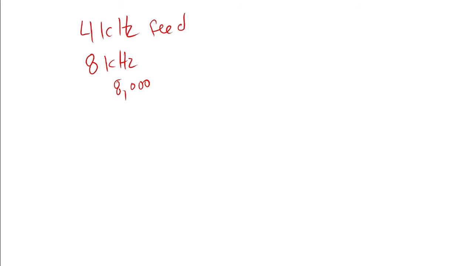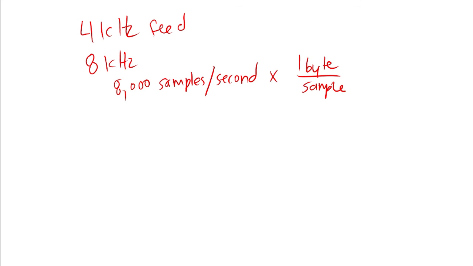So say this was a 4 kilohertz feed, so we need to measure twice the maximum. So 8 kilohertz, so that means we're measuring 8,000 samples per second. And each sample is 1 byte, so 1 byte per sample. We cross out the samples and we get 8,000 bytes per second.